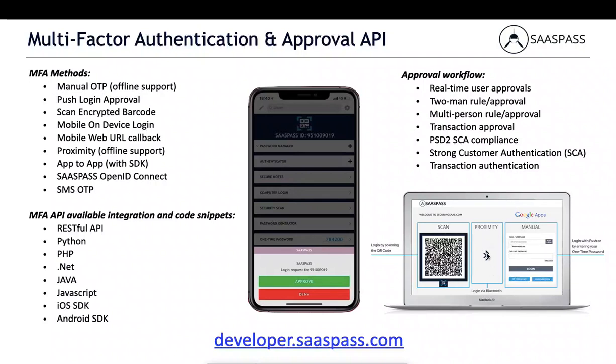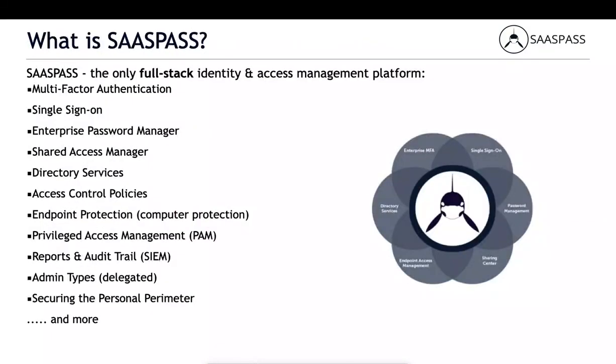Your user accessing the G Suite through the SAASPASS multi-factor authentication can scan a barcode, or they can get a push and approve the push, or they can log in with SMS or with hard tokens, USB tokens, etc. So SAASPASS has a very wide number of login methods. You will see a similar screen to log in to your Windows computer, to your Mac computer, and you will also be able to log in with multi-factor authentication to your Linux SSH.